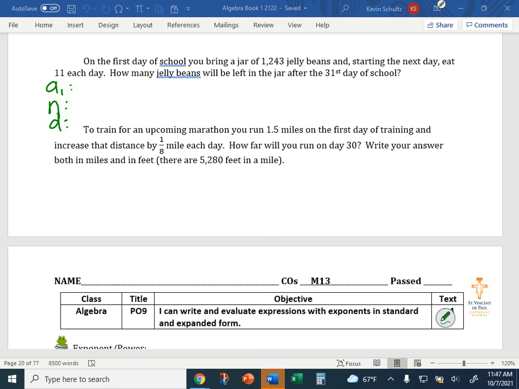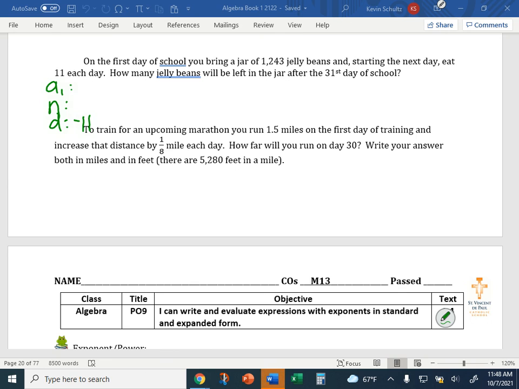The difference is 11? You're eating 11 each day. So what's happening to your total amount? Are you getting more jelly beans as the day goes on, or getting less? Less. So it's going to be a negative 11, right? Because our total is decreasing. Okay?